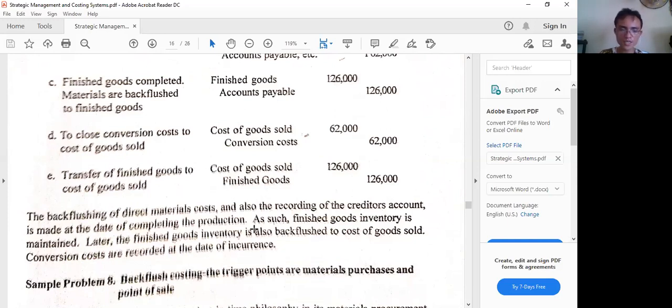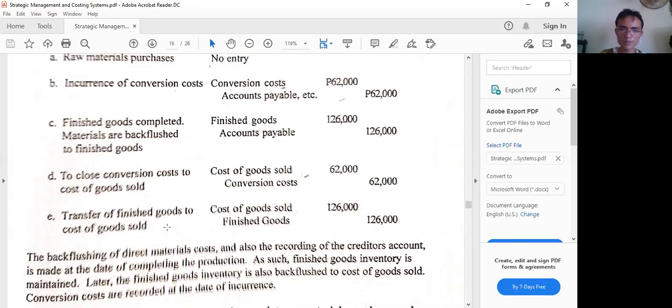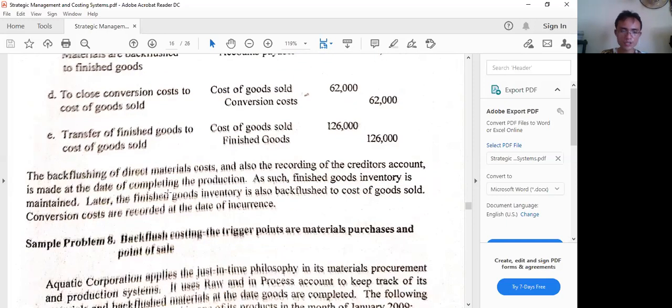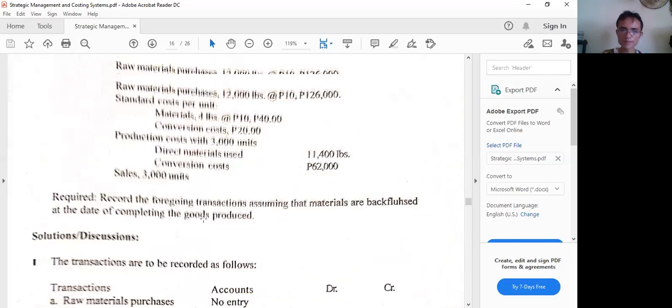The backflush costing of direct material cost and also the recording of the creditor's account is made at the date of completing the production. As such, finished goods inventory is maintained, but then this would be backflushed to cost of goods sold. That is letter E. Conversion costs are recorded at the date of incurrence. This part here is the same.